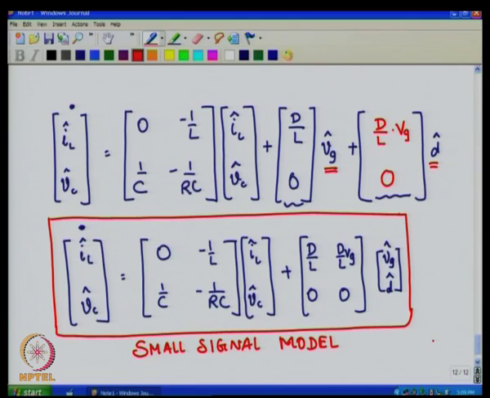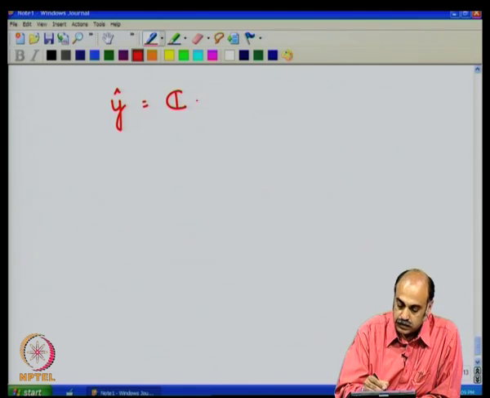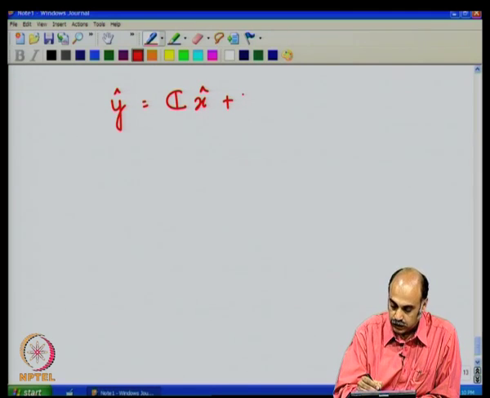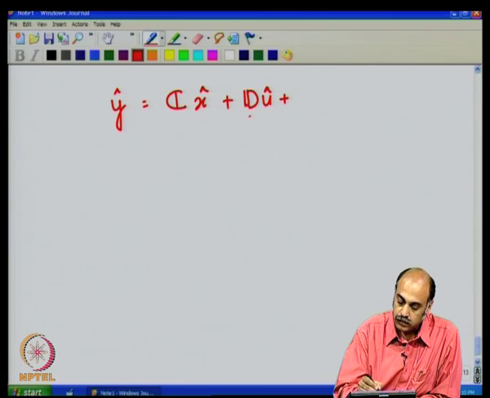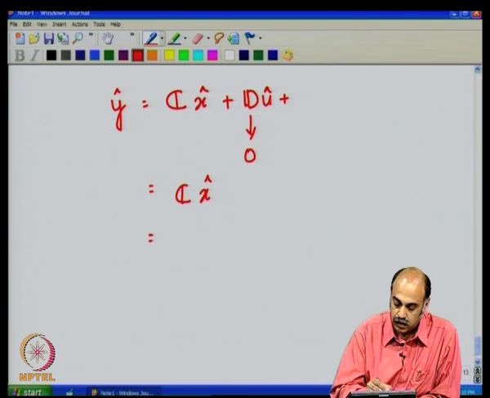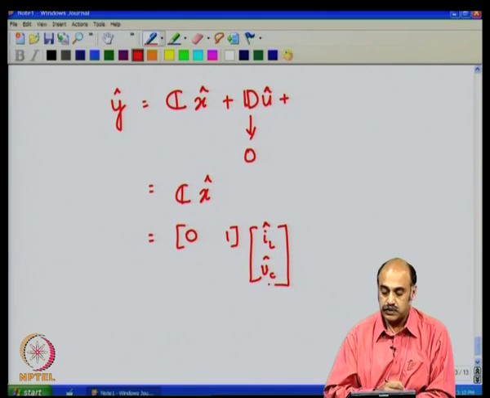Likewise the output variable, which in this case is a trivial case, y hat equals C x hat plus D u hat, but in this case D is 0 and therefore it is just C x hat, or just [0 1] times [i_L hat, v_C hat]. So, this is the output equation.